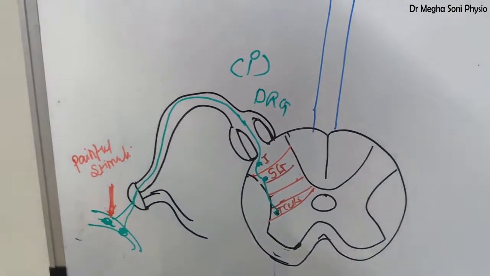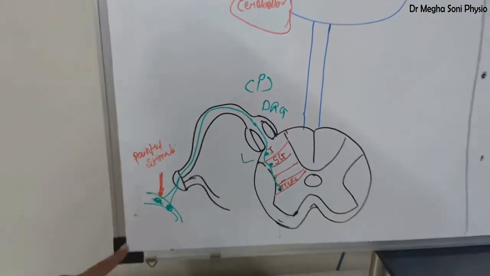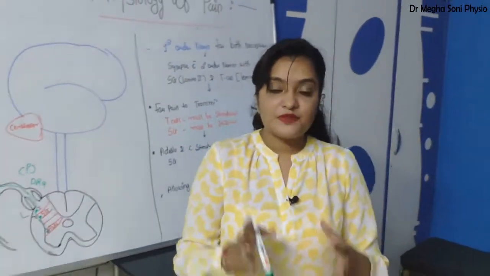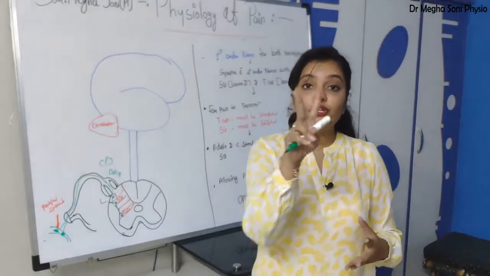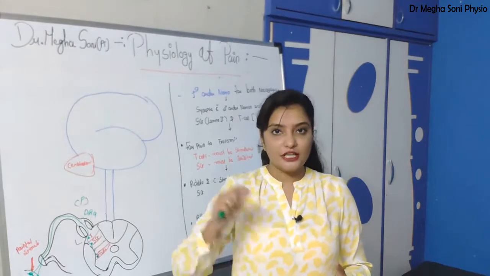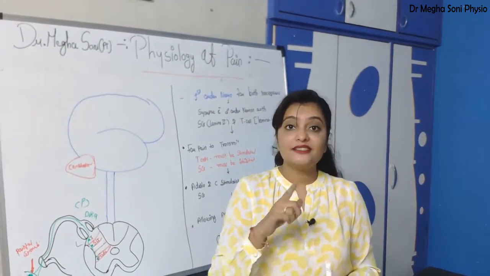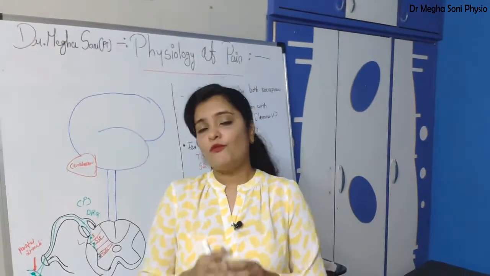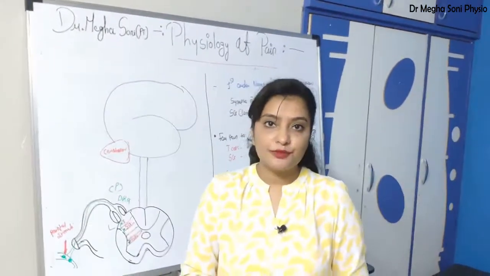Now the most important part which I have not discussed in the previous lecture is that this first order neuron synapses with the second order neuron, and mainly it synapses with two laminae: lamina 2, that is substantia gelatinosa, and lamina 5, that is the T cell. T cell means transmission cell. Now what is the importance of substantia gelatinosa and transmission cell?